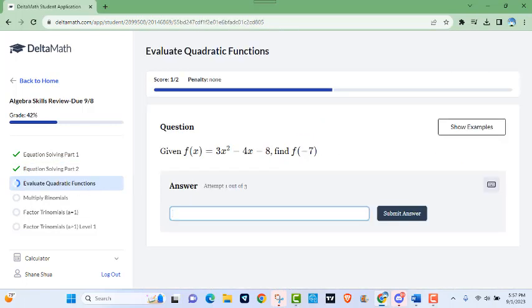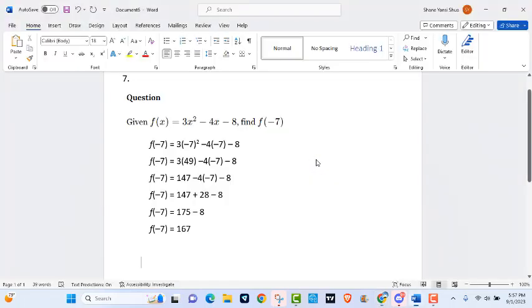Okay, let's take a look at question 7. So it says, given f of x equals 3x squared minus 4x minus 8, find f of negative 7. So this is similar to the last question that we worked on. All right, so again, anytime you see f of some number, what that means is take whatever this number is and wherever you see an x, substitute that number in for the x.